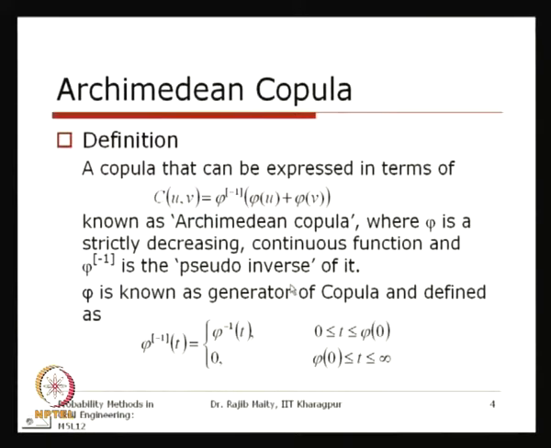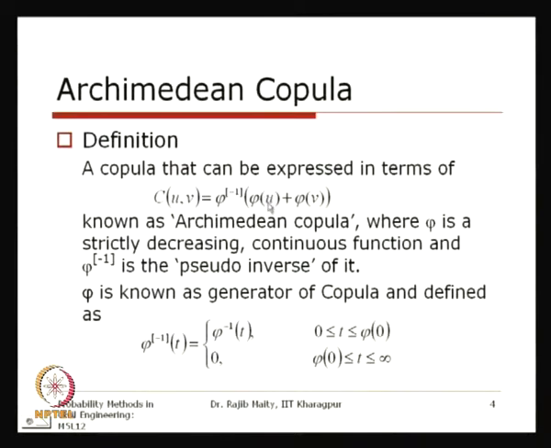So, the Archimedean copula is one special class of copula. The definition of the Archimedean copula is stated as follows: a copula that can be expressed in terms of C(u,v), the copula function, as phi inverse of phi(u) plus phi(v). For the bivariate case there are two variables, u and v, and there is a function phi.